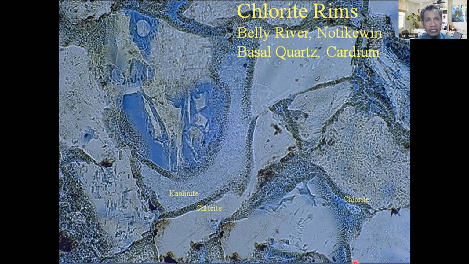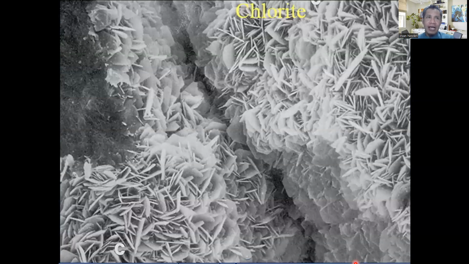You've got this multi-stage clay precipitation, and it reflects the original composition of the rock. In this kind of rock, with multi-stage clay precipitation, you've got chlorite, then you've got kaolinite. So you've got two distinct phases of the clay precipitation.